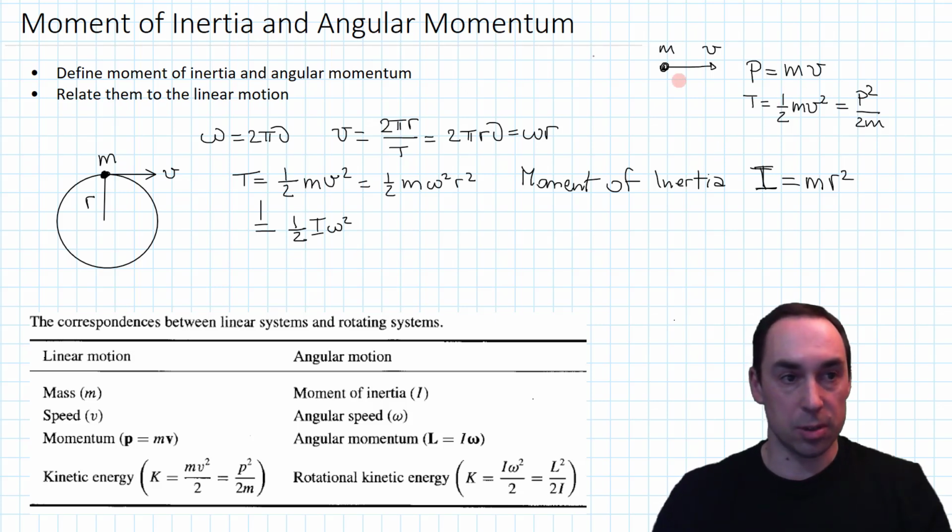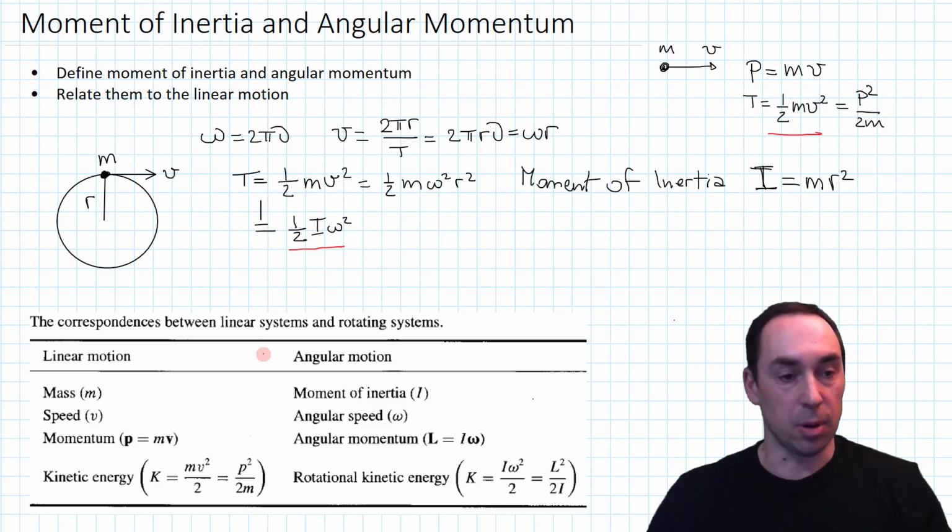If we look at this equation in this form here and the equation in this form here, we can see that we have the 1/2 and the 1/2, that we have the velocity squared, here we have the angular velocity squared, and here we have the mass, and here we have the moment of inertia.